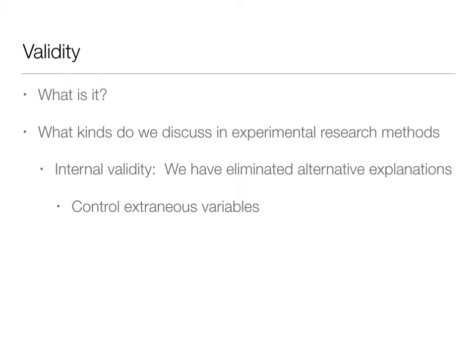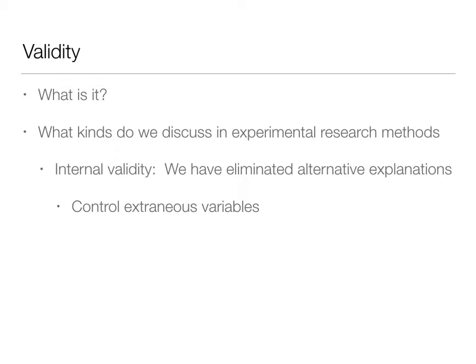So if you're running your experiment in two different rooms, or even in the same room, something that could vary would be temperature. So you can make sure that it's the same temperature in the room. That's an example of holding something constant so that it's the same.